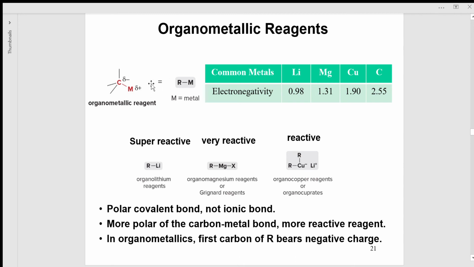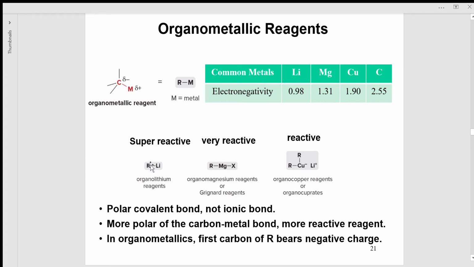Which means carbon will pull the two electrons of this bond towards itself, or in other words, this carbon bears some negative charge. The metals are willing to give their electrons to others, so the metal bears the positive charge.